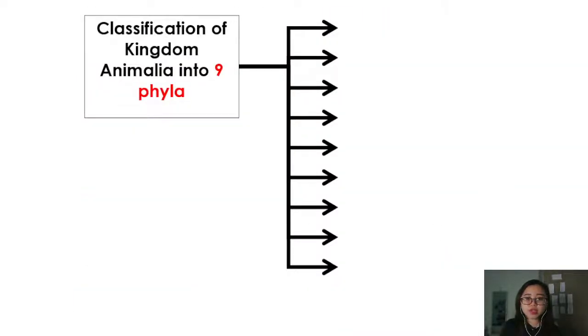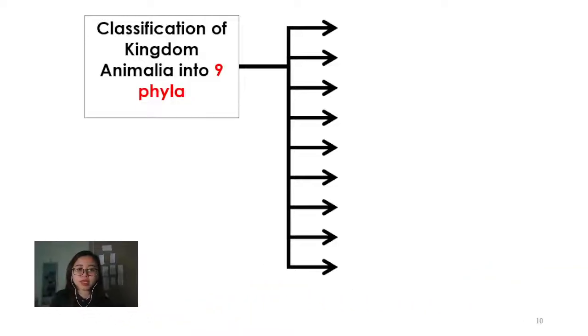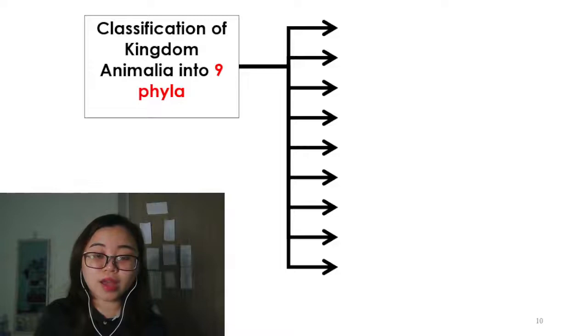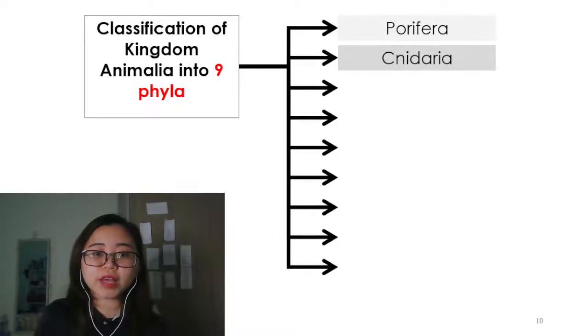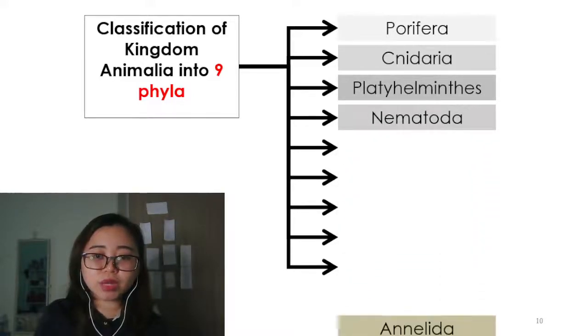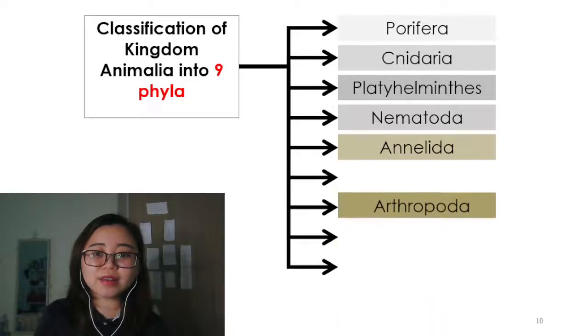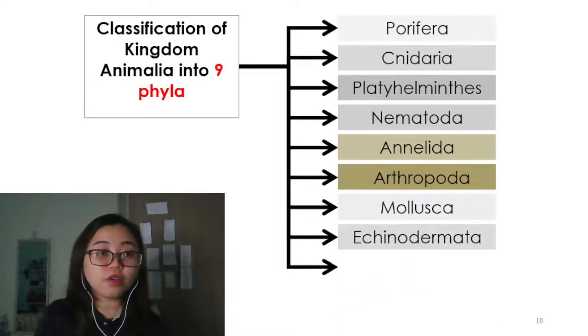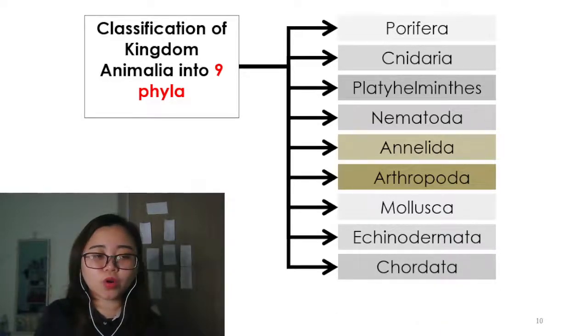Right, and then as you may already be aware, we can classify organisms in kingdom Animalia into 9 phyla, which is phylum Porifera, phylum Cnidaria, phylum Platyhelminthes, phylum Nematoda, phylum Annelida, phylum Arthropoda, phylum Mollusca, phylum Echinodermata, and phylum Chordata.